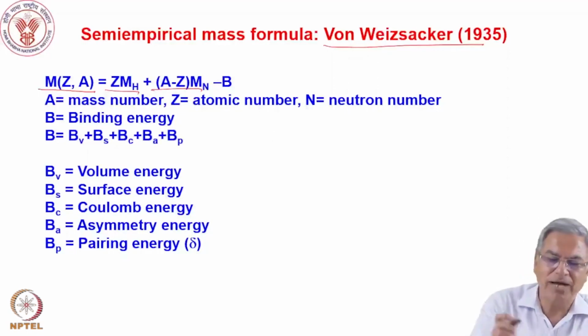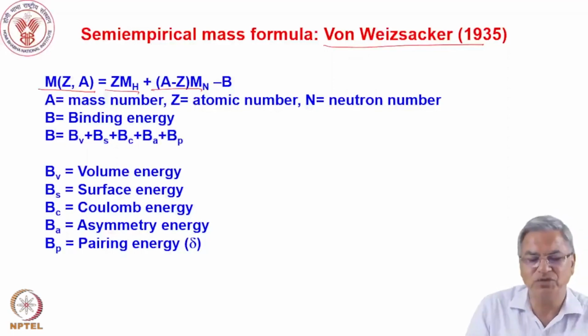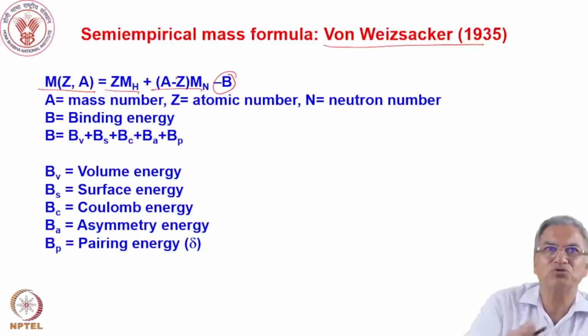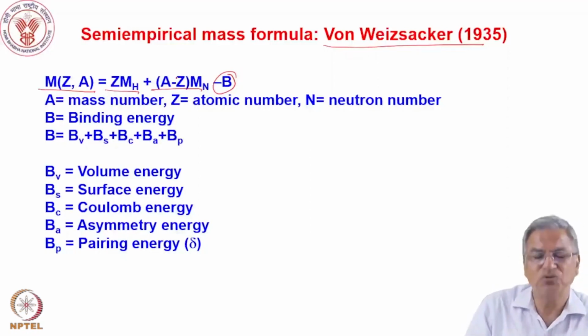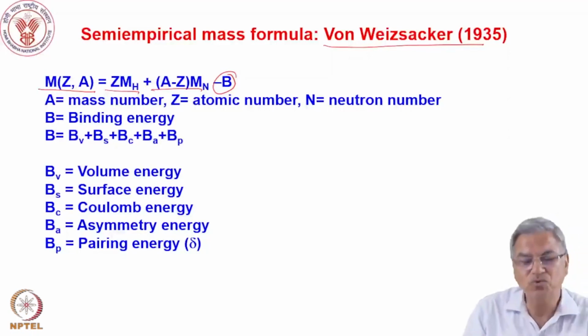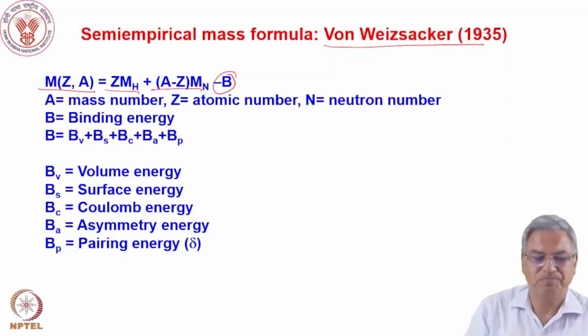So when we combine Z protons and A minus Z neutrons to form a nucleus of mass M, then energy equivalent to the binding energy is released. In other words, if you want to break this nucleus into these constituent nucleons, then we have to supply energy equivalent to the binding energy of the nucleus.